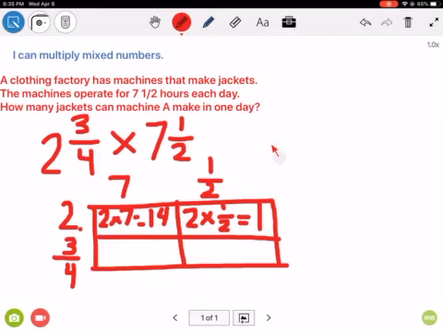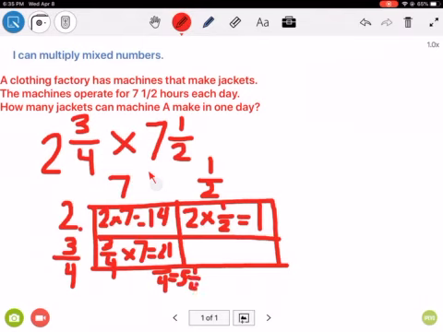The next row, what I'm going to do is I'm going to take 3/4 and multiply it by 7. So I get 3/4 times 7, which will give me 21/4, which also can equal 5 1/4.